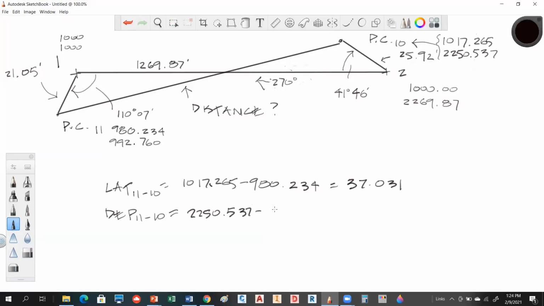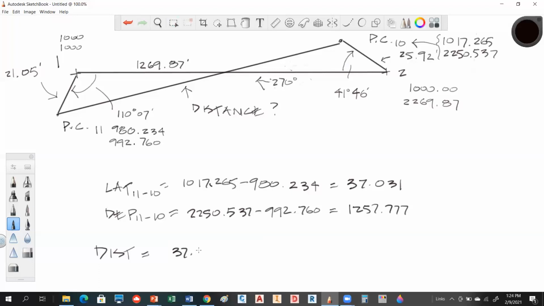That's good. 992.760. So that gives us 1257,777. So since we want the distance, now we can just use the Pythagorean theorem.